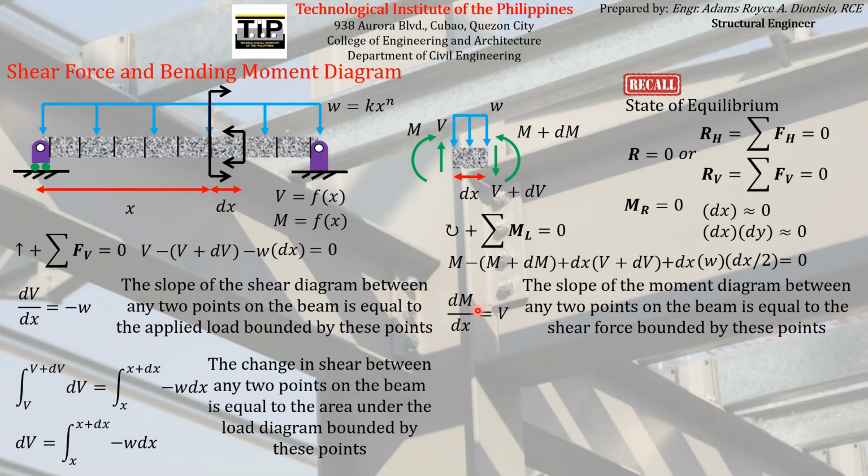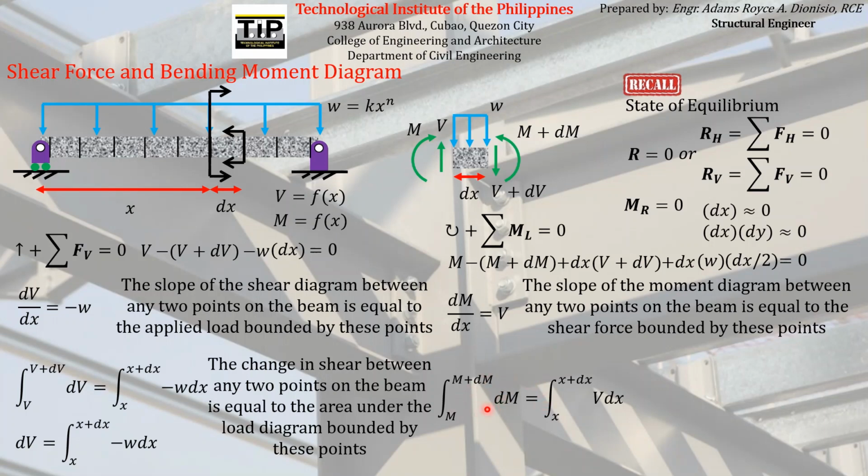So using that relationship, solving this differential equation, multiplying the right side by dx, and then integrating with the limits of, since the left hand side of the equation has dm, the limits must be in terms of m, the bending moment at this location and the bending moment at this location, and the right side has dx, so the limits must be in terms of distances.